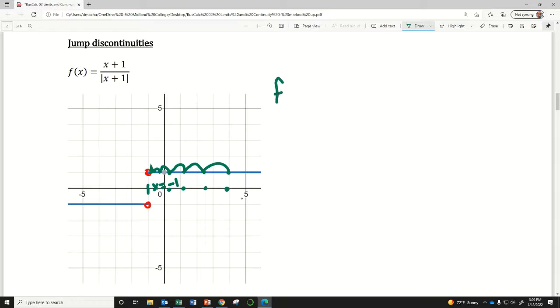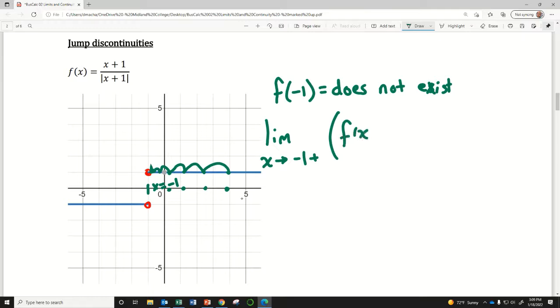So we'll notice again that if I just evaluate f at the value -1, this does not exist because I can't divide by 0. And what we're trying to find now is the right-sided limit as x approaches -1 from the right side of my function f of x, and we just found this limit to be +1.